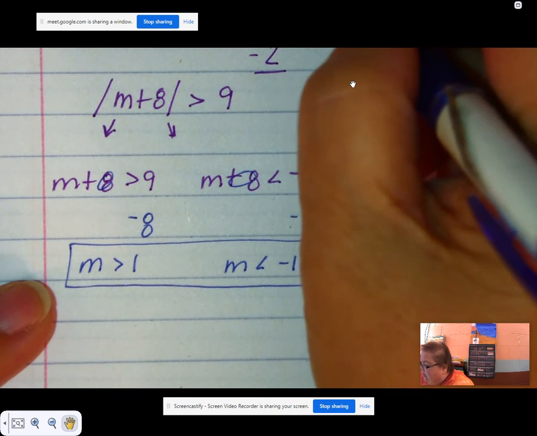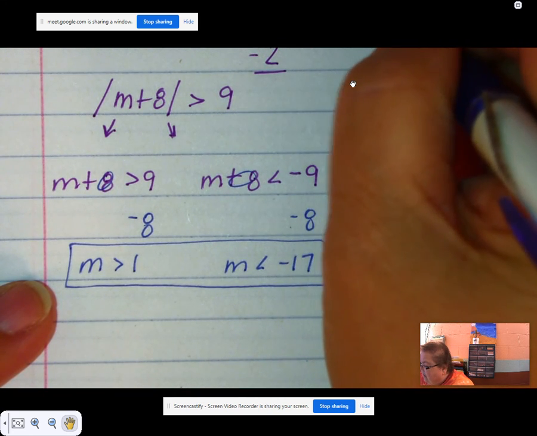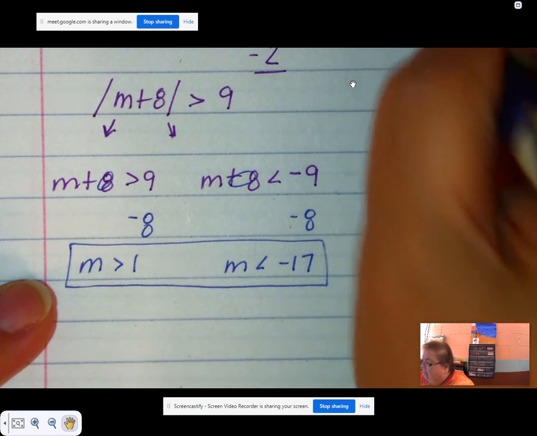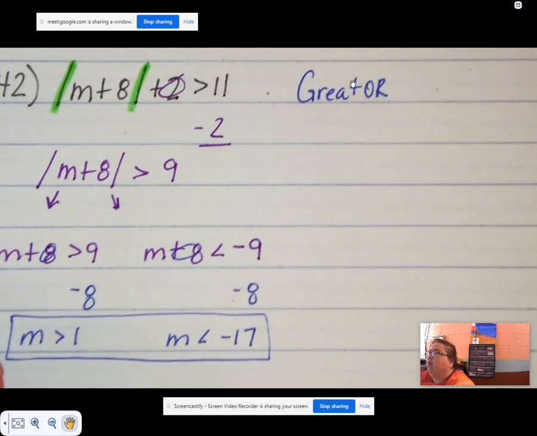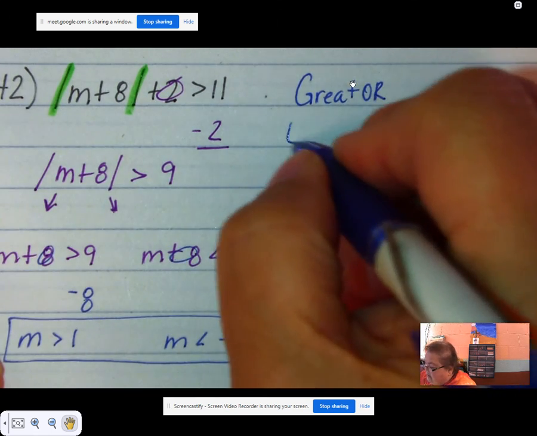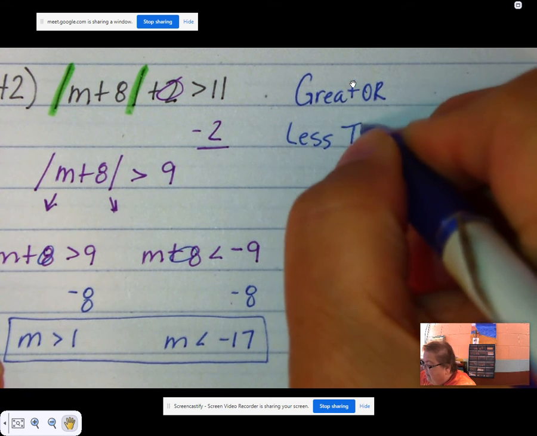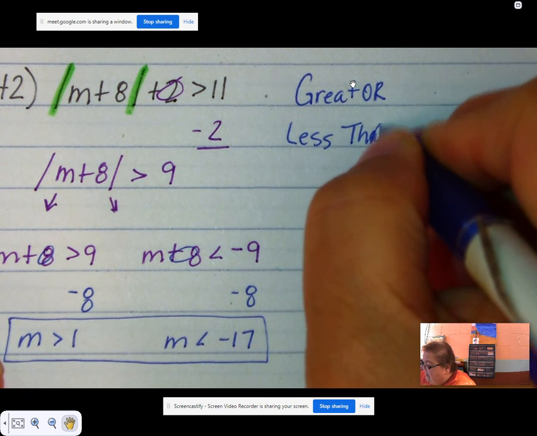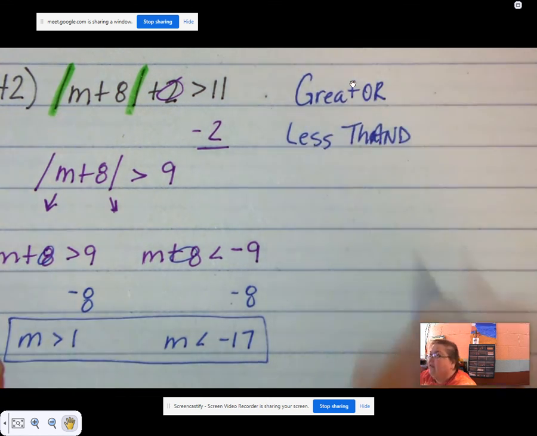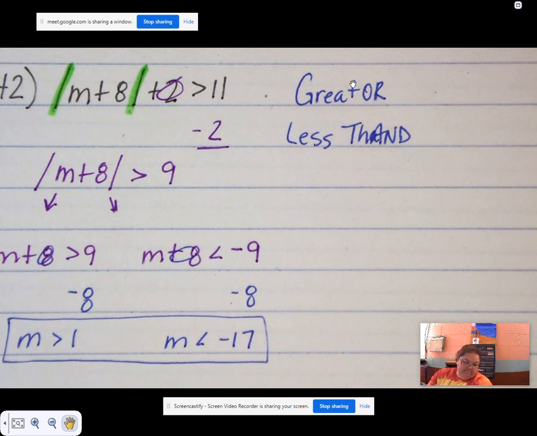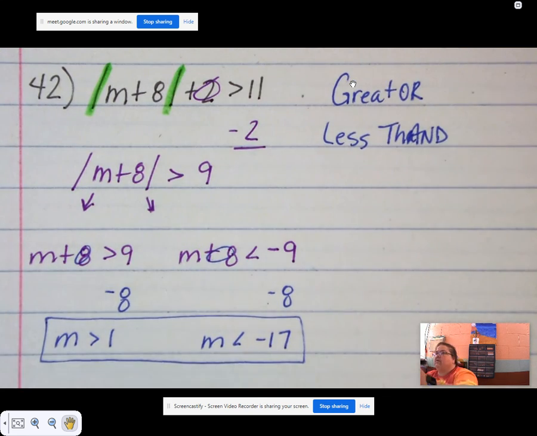Great, or. Remember that? Greater or less than. Make sure you isolate those symbols first.